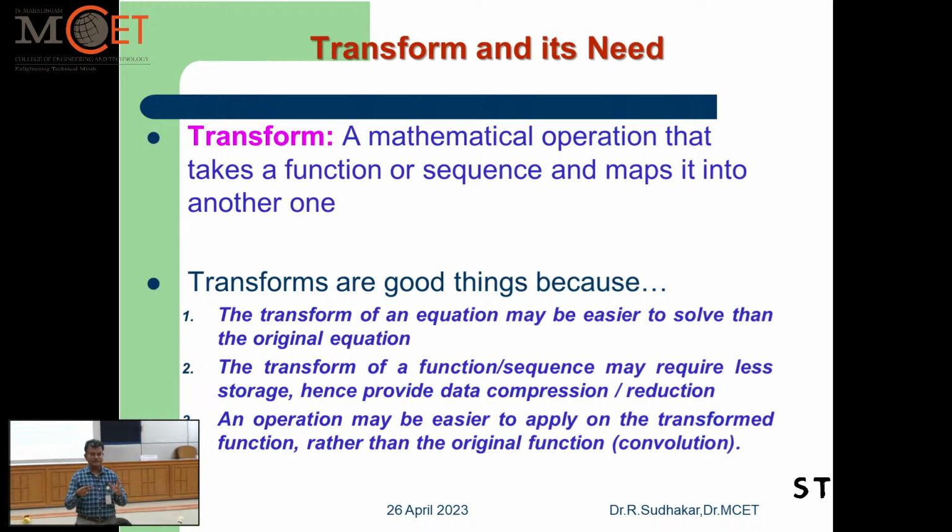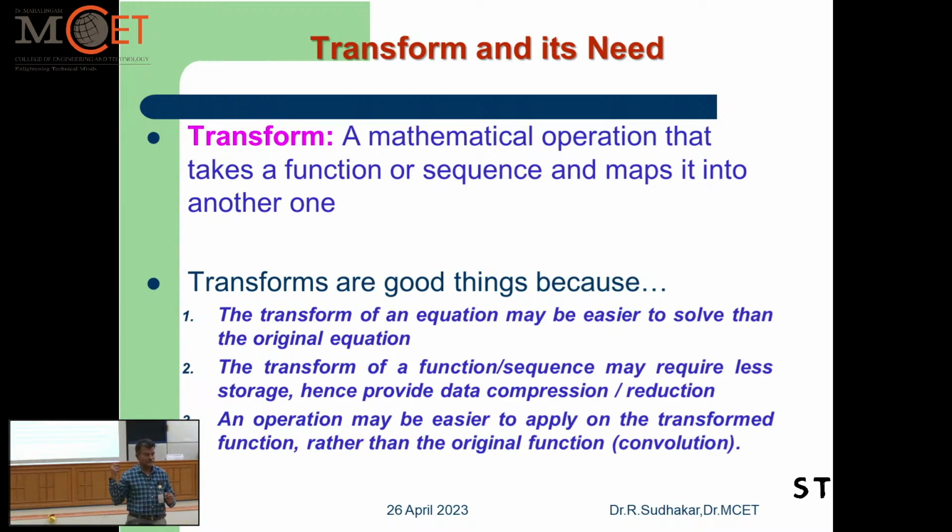A transform is basically a transporting device which will take you from Pollachi and land you in Coimbatore. Once again, a reverse bus will go from Coimbatore to Pollachi. In the same way, from the time domain, using a transform, I can land in the frequency domain, and from the frequency domain, I can come back to the time domain. You can call it a forward transform or inverse transform.